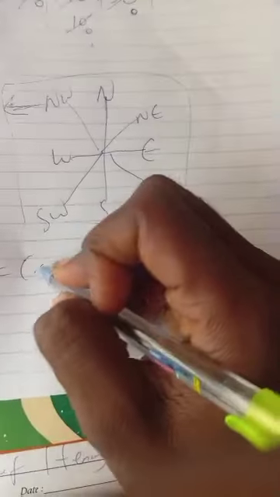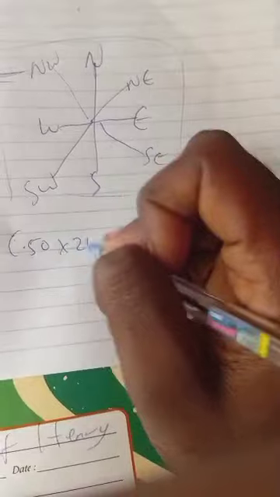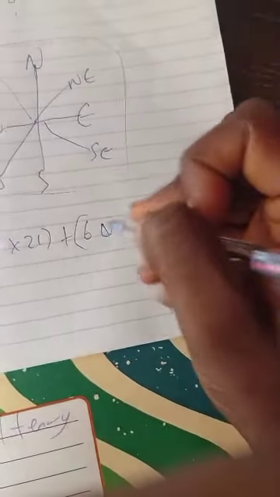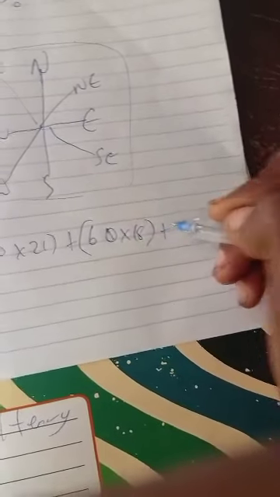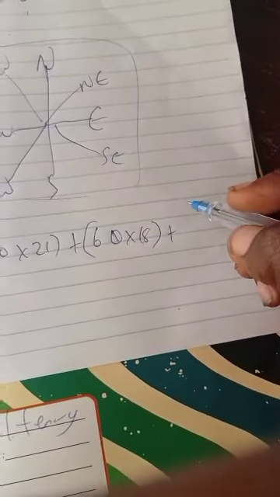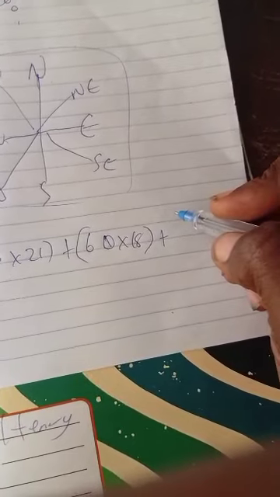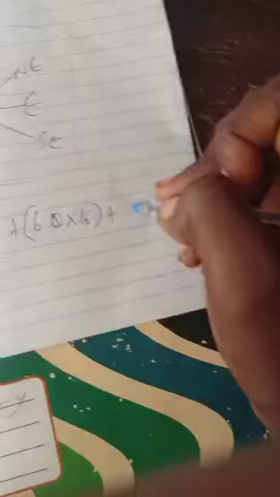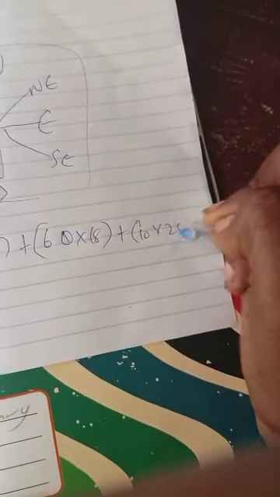So the first thing is 50 times 21 plus. We go to the next one, 60 times 18, 10 times 25, right?